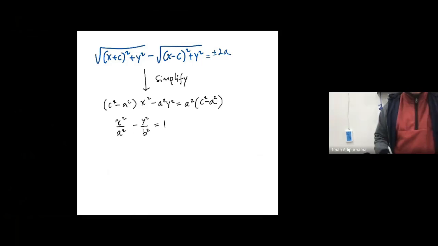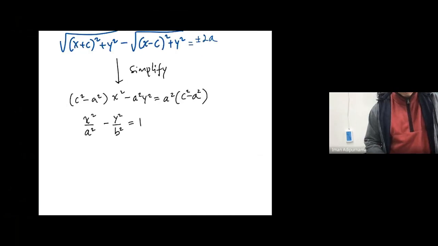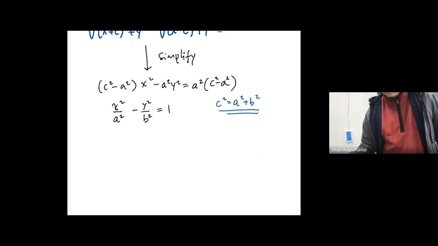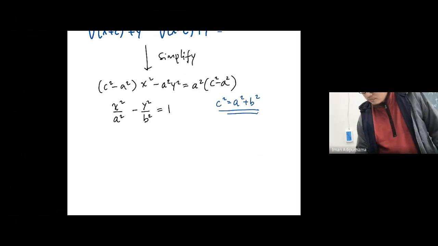It becomes 1. And the b appears from c squared equals a squared plus b squared, the same as the ellipse. Okay, the difference is that now it has a minus. So in this case, the x-intercept is plus minus a.